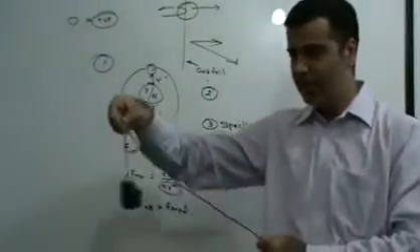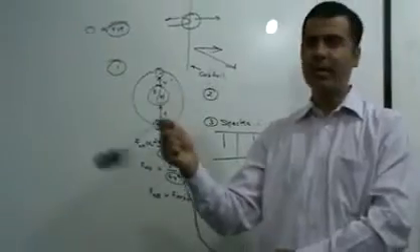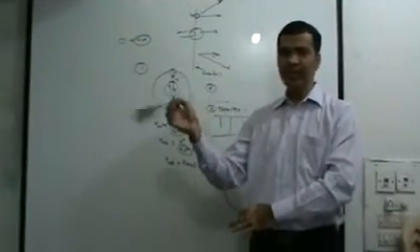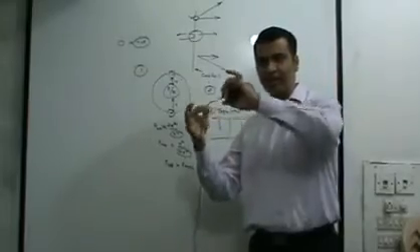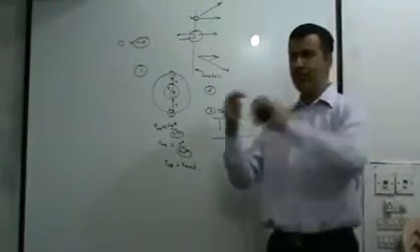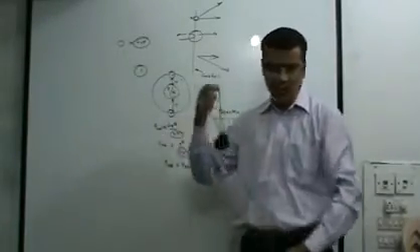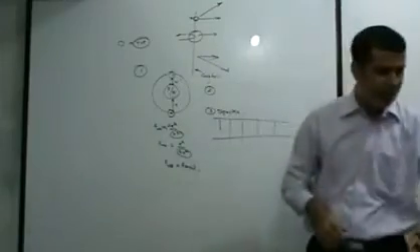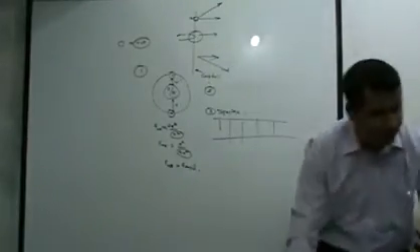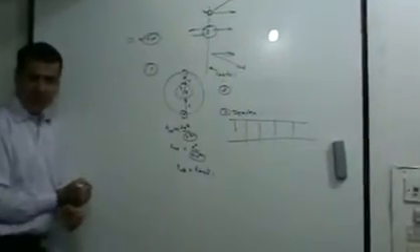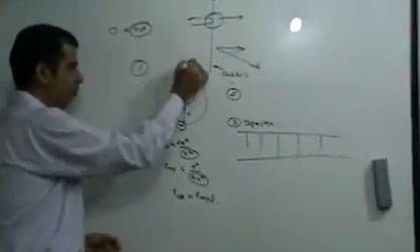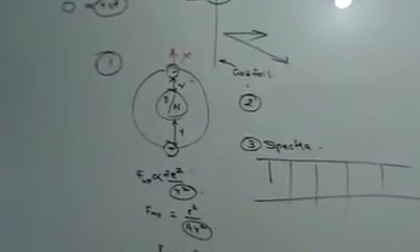Guys, suppose I have an object in circular motion. If I leave it, it will move in the outward direction. When an object is moving in circular motion, there are two forces acting on it: one the inward force, one the outward force. If the electron stops moving, there will be no outward force.